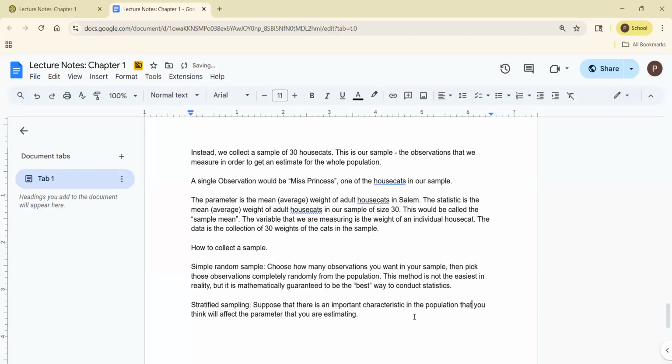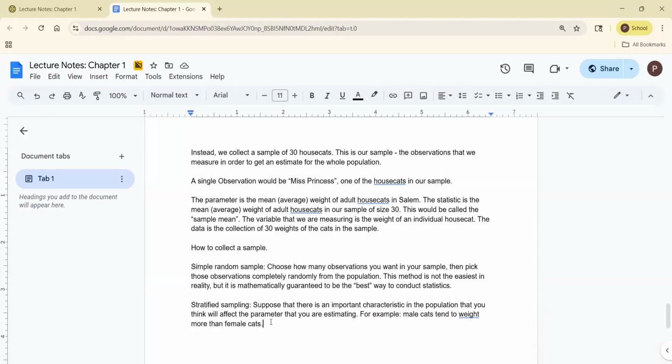So for example, male cats tend to weigh more than female cats. In a simple random sample, you might just, completely by bad luck, end up with mostly female cats, and you're going to underestimate the average cat weight.